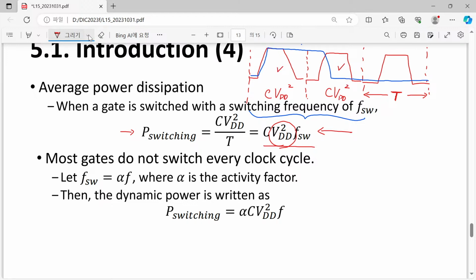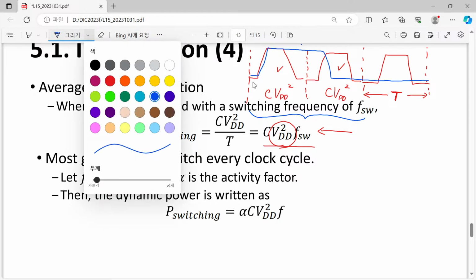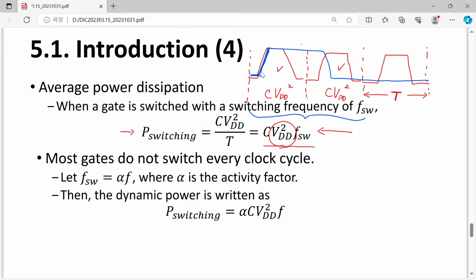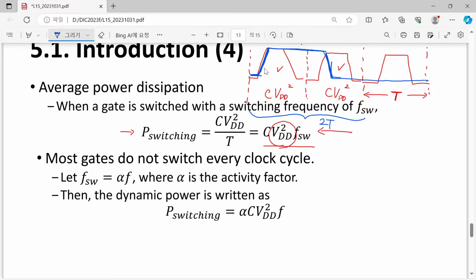However, in the case of this blue signal, what happens? We seldom turn it on. So even though we have 2 times T, twice as long, we took only one switching cycle.